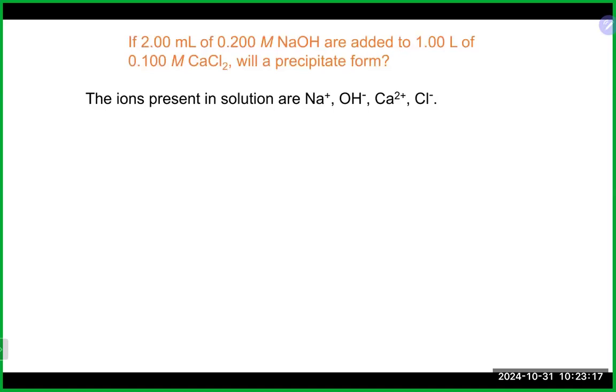So let's take a look at this here and try to decide whether or not a precipitate will form. So if we took 2 milliliters of sodium hydroxide and we added it to 1 liter of calcium chloride, will a precipitate form? So the first thing we want to think about is what are our possible options for a precipitate to form?